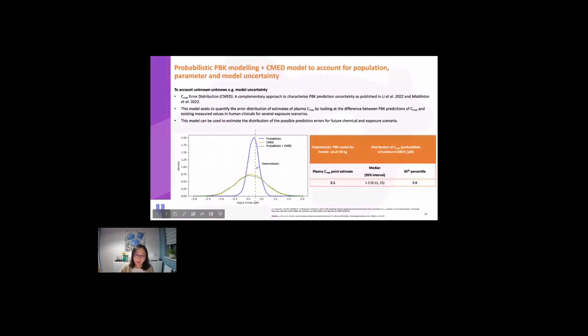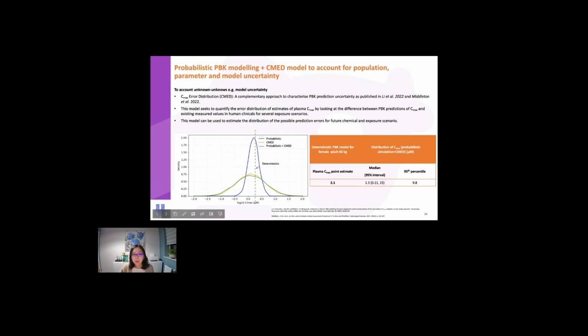But what we haven't accounted for, as I mentioned, would be the unknown unknowns, like the model uncertainty. So what we did was to apply this CMAT model. CMAT is short for Cmax error distribution model. It is a complementary approach to characterize PBK prediction uncertainty, as published previously.